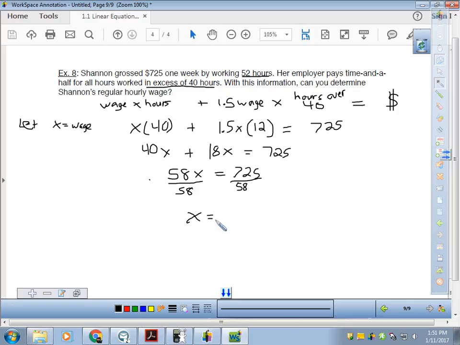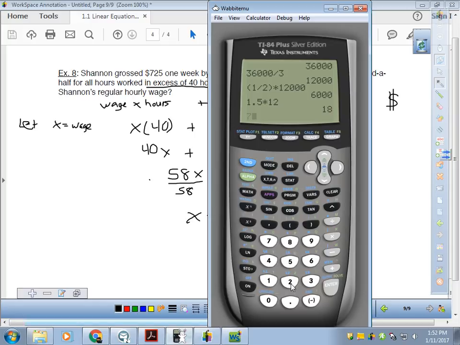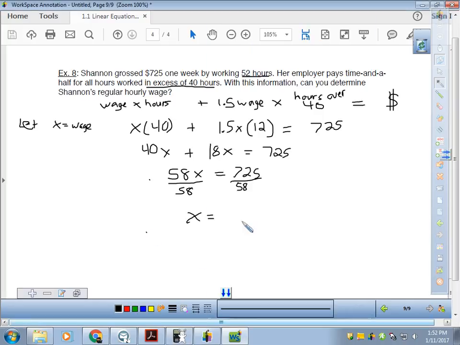X equals, for our calculator, 725 divided by 58. We get 12.5, so that's 12.5.